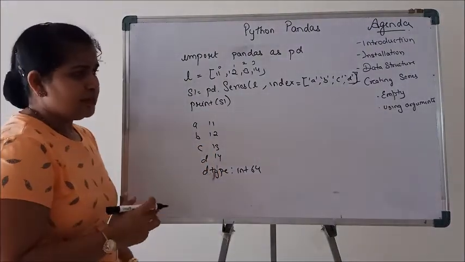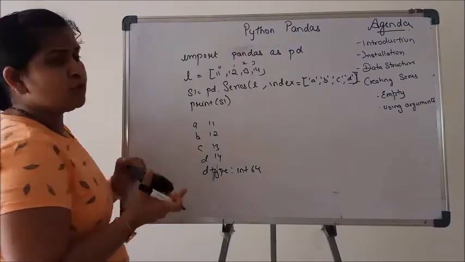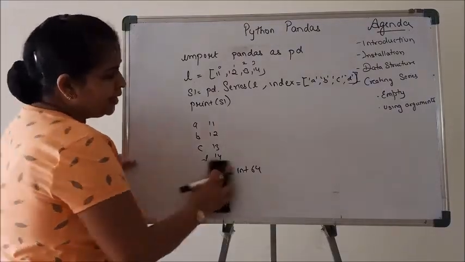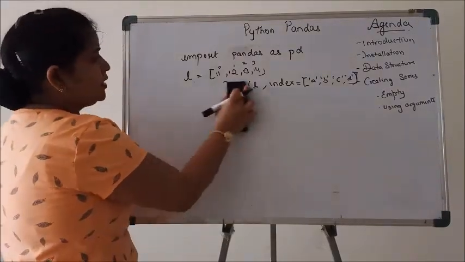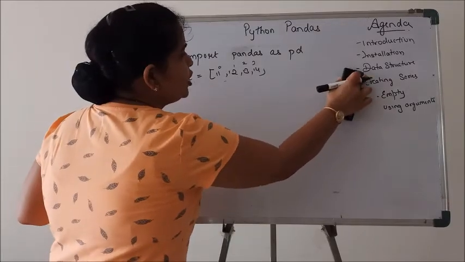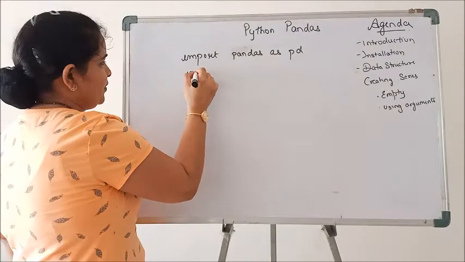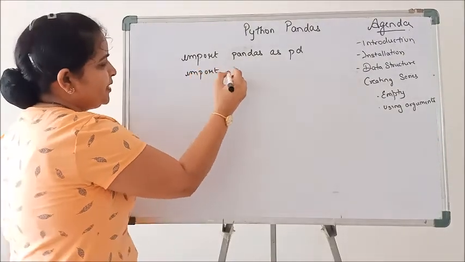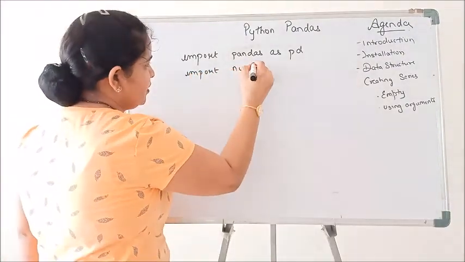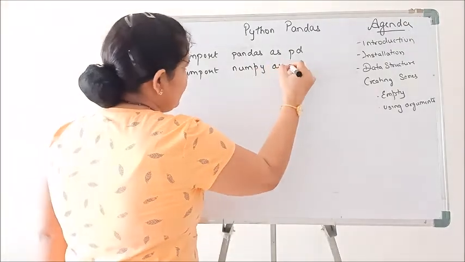Now the next thing is, if you want to create a series using an array. Array is again a collection of homogeneous elements. To create an array, we need a library called NumPy. This you have already read in 11th standard. import numpy as np.